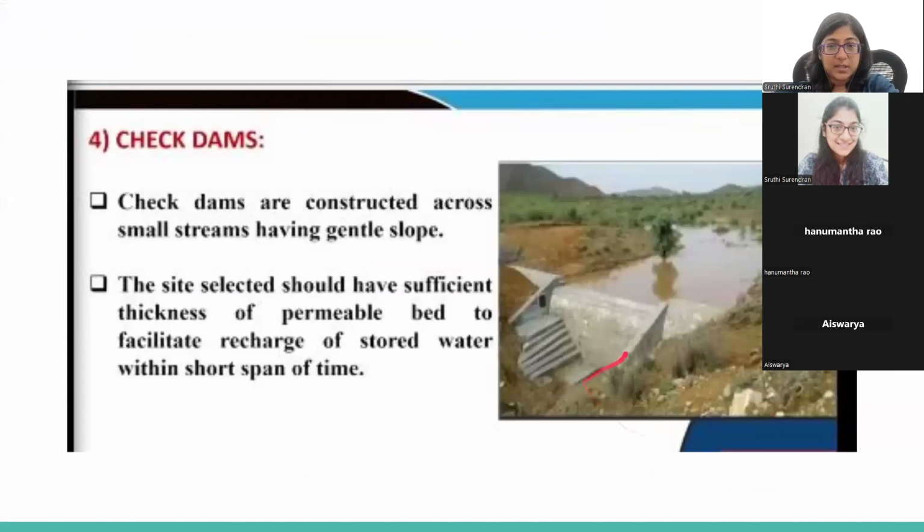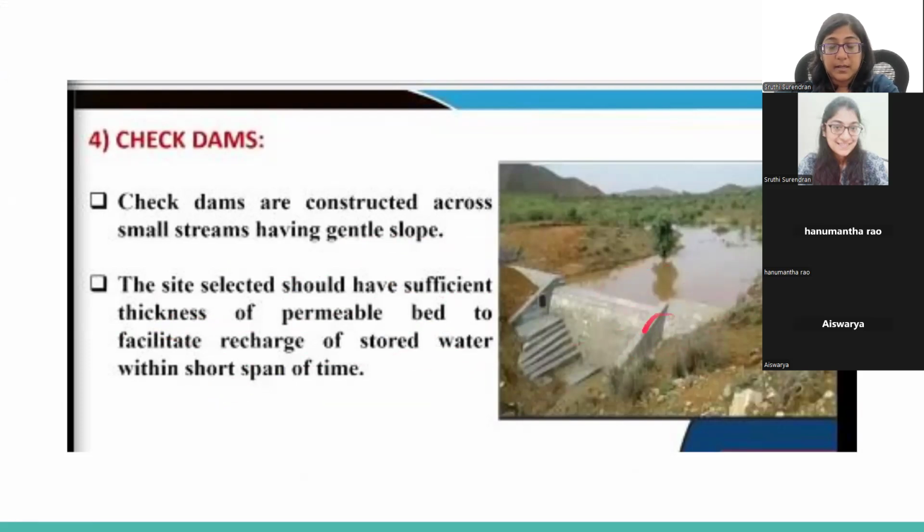Then there are check dams, which we are all familiar with. These are small dams constructed across small streams or rivers which have a gentle slope. These dams obstruct water and help the water from the stream contribute to recharging groundwater. Again, the key points are gently sloped streams, and a sufficient thickness of permeable bed to facilitate the recharge of stored water.